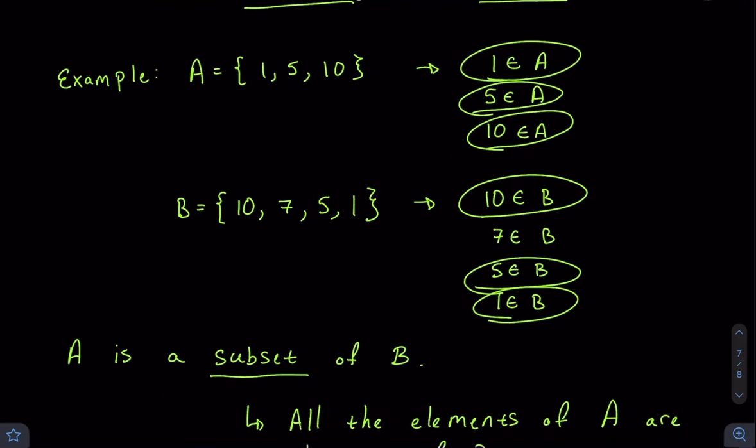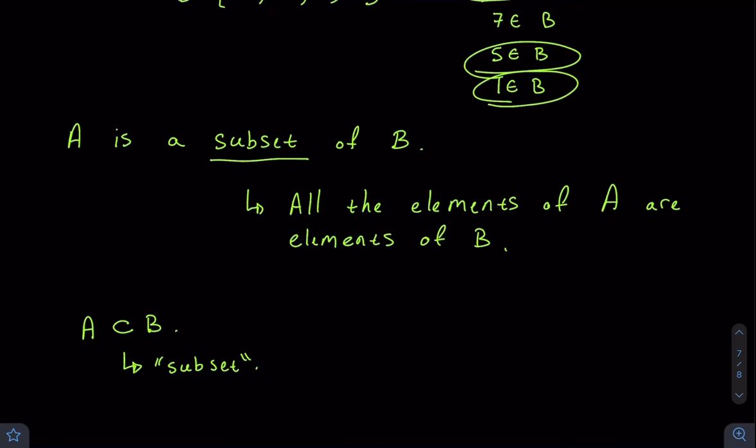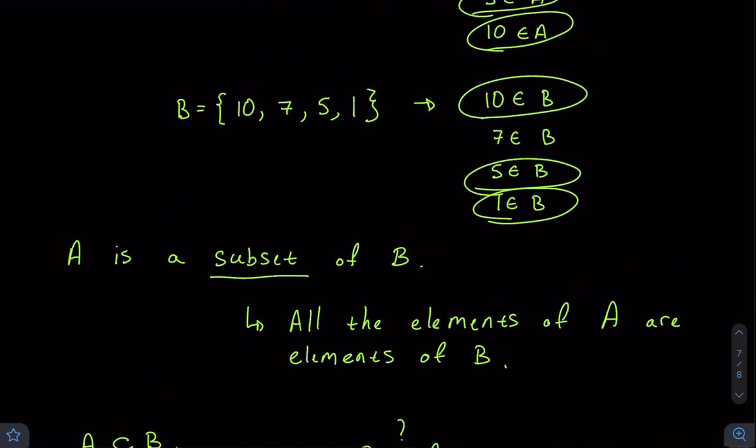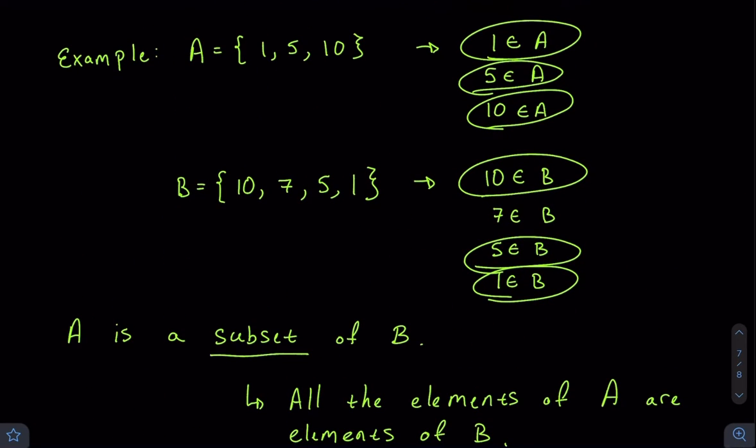Is set B a subset of set A? So question, is set B a subset of set A? For it to be a subset of set A, that must mean that all the elements that are in B must be in set A. Now, we have 3 of the objects in set B that are in A, except 1.